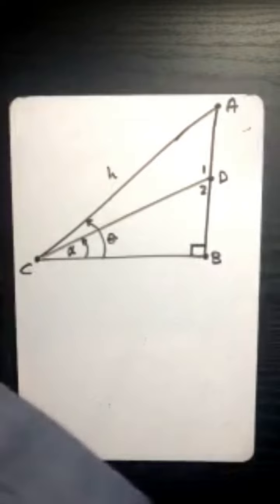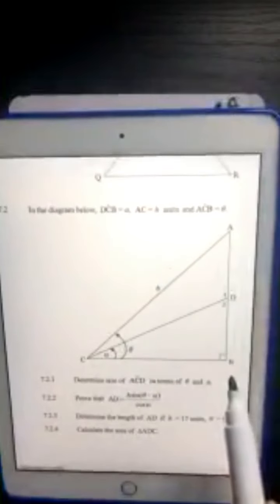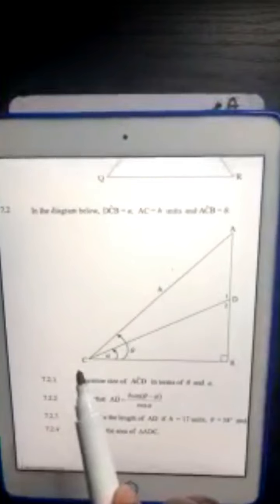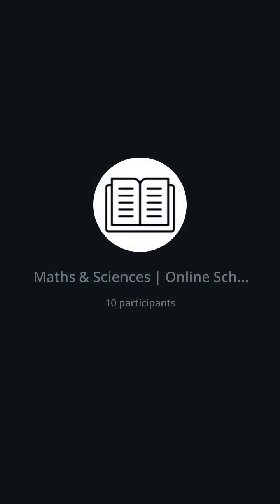Before I even do that, let's see what information we are given. They say in the diagram below, triangle DBC, but angle C. The letter in the middle is the angle. Therefore, angle C is alpha. Yes, I agree there.